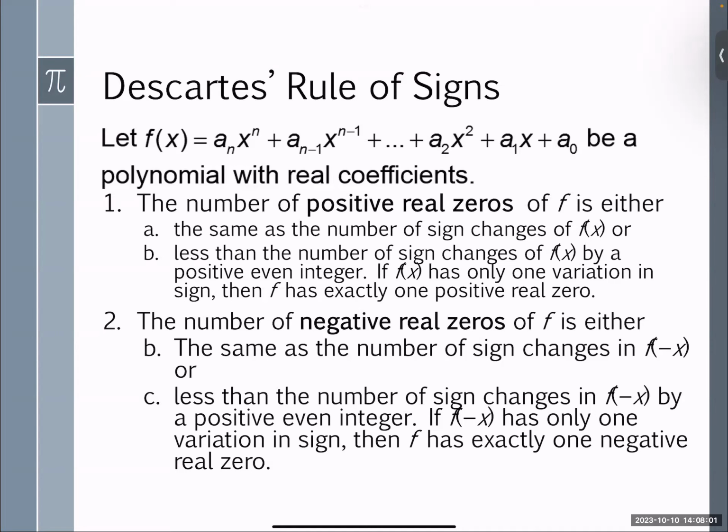Then he says, if you take that same function and evaluate it at negative x, and count the number of sign changes, that is the number of negative zeros that function has. Okay, let's see if it works.